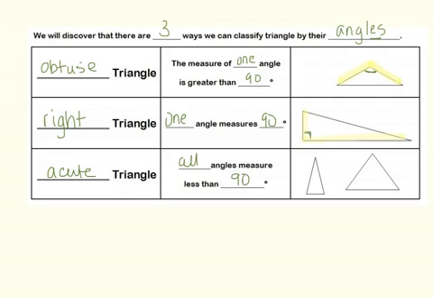So just like when we're doing angles, that 90 degrees is a real important one. So here you have one that's larger, one that's exactly, and then here they're all smaller than 90 degrees. And so what we're talking about are these angles in here. Those two happen to be, what type of triangle? Isosceles.